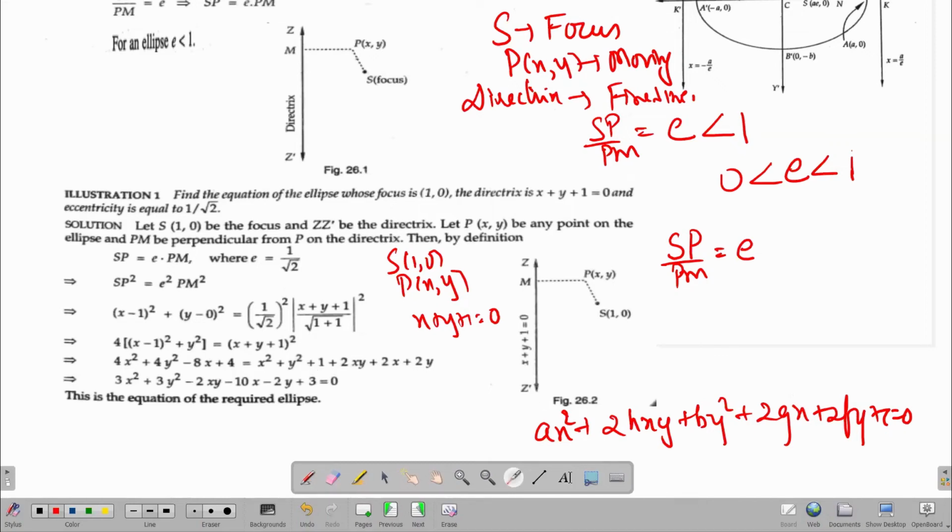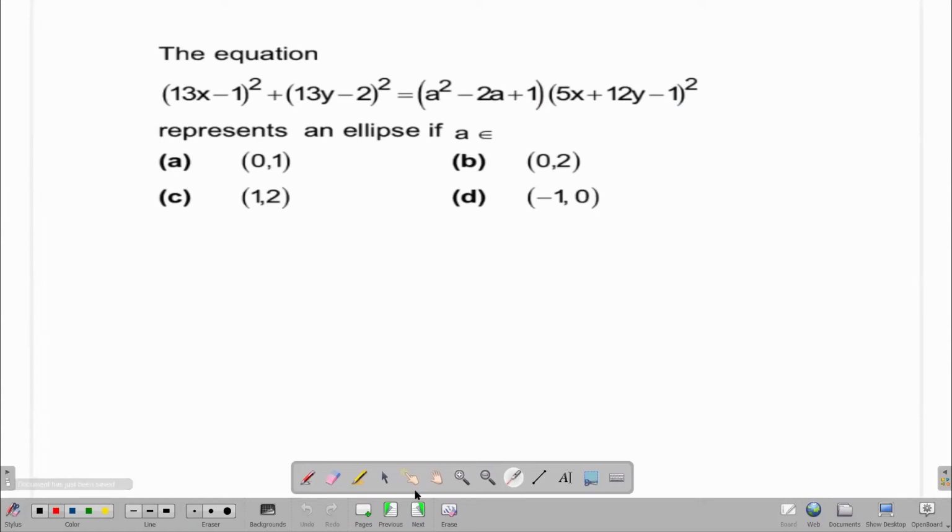So we have used the definition to find the equation of the ellipse. Now next, how do we use this? In this question, an equation is given to us, and they say that this equation represents an ellipse, and we have to find the value of a from one of the four options.